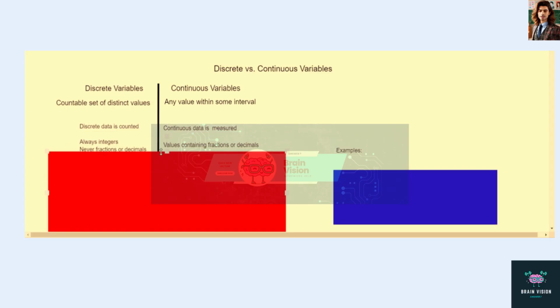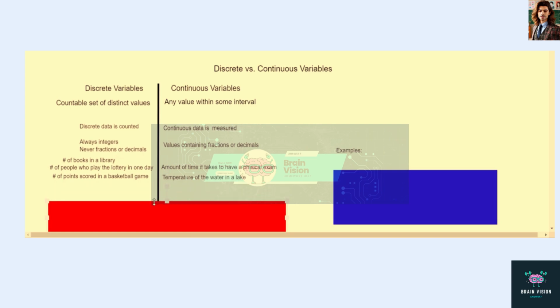And due to that and how the data is collected, that means discrete variables always have to be integers, and they can never be fractions or decimals, whereas continuous variables can contain fractions or decimals, or however you're collecting that data, it can fall outside of the realm of integers.